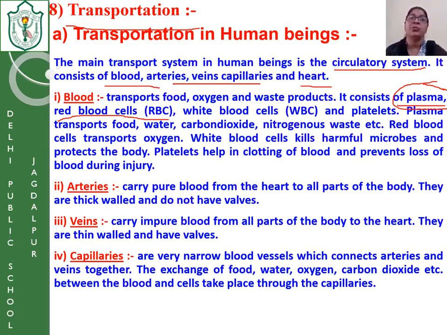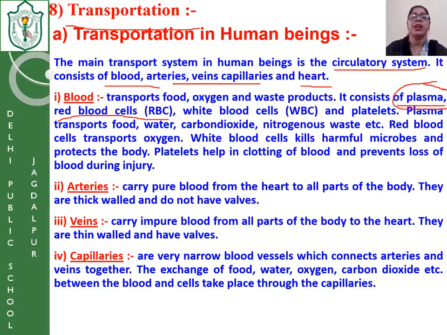We will gradually become deficient in energy, because in the previous class we studied that energy is only produced when an appropriate amount of oxygen is present in the cell. They break down the food and energy is produced. So people who suffer from low levels of hemoglobin are weaker in health.